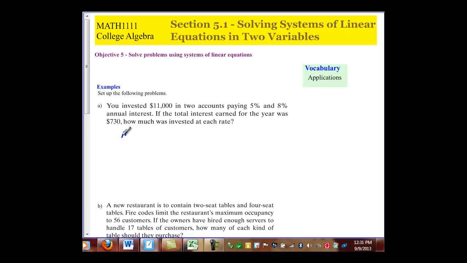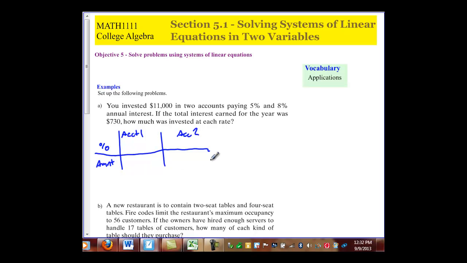All right, I'm going to go through and set this up the other way. So we're going to have account 1 and account 2. We're going to have the interest rate and the amount. And we'll go ahead and use the two variables.